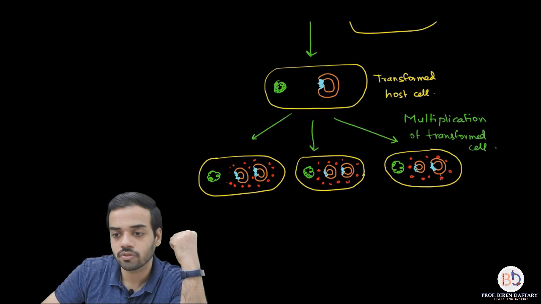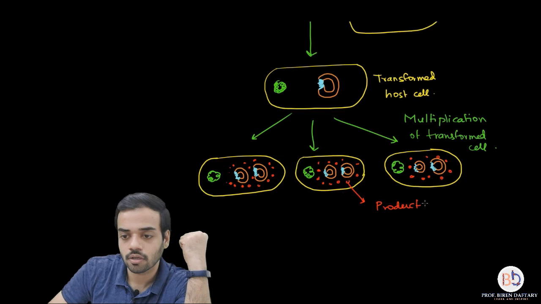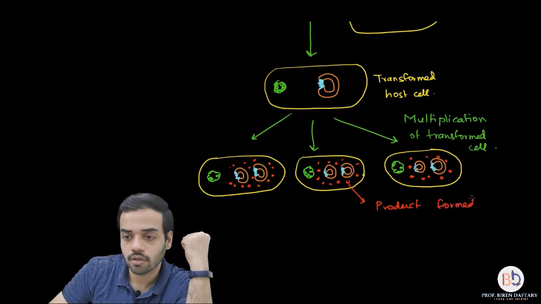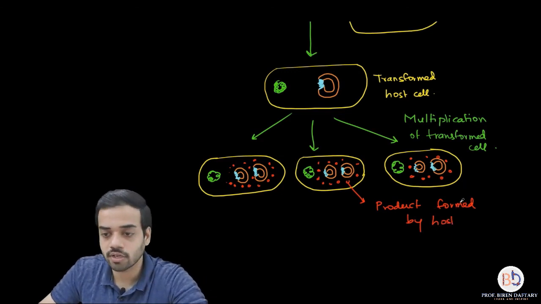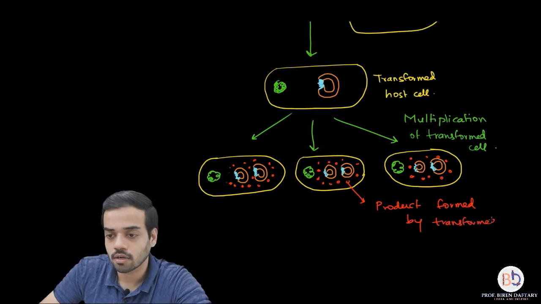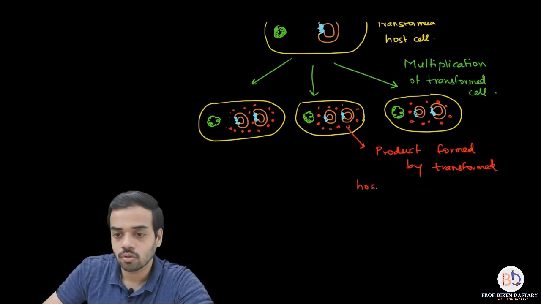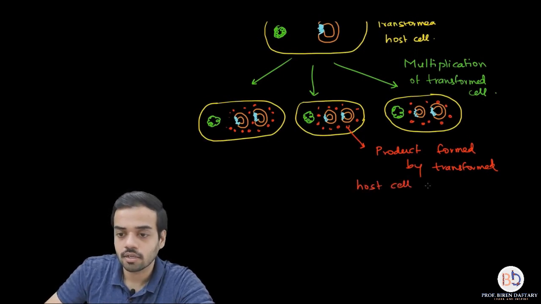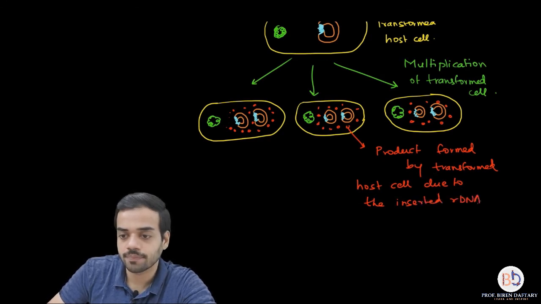Okay, so I will write down over here, product formed by host cell, or I should write down transformed host cell, due to the inserted recombinant DNA. Is this clear?